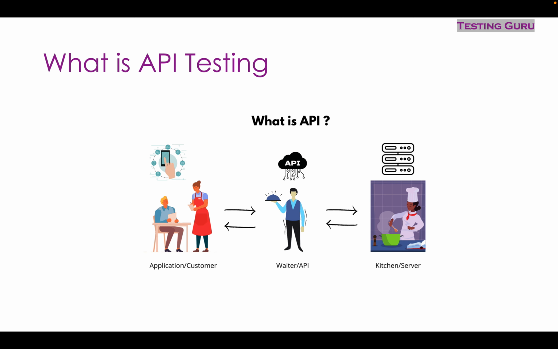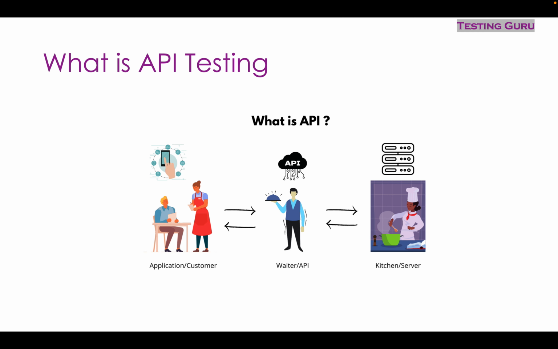So the waiter is what can be seen as an API in the internet world. The waiter will come and take your request and give it to the chef, and then in response bring back the food to you. This waiter is bilingual and speaks both the customer's language as well as the chef's language fluently.